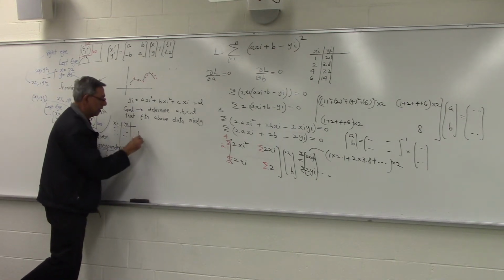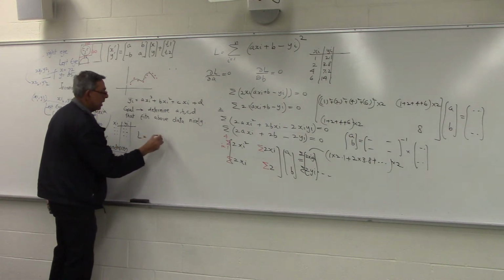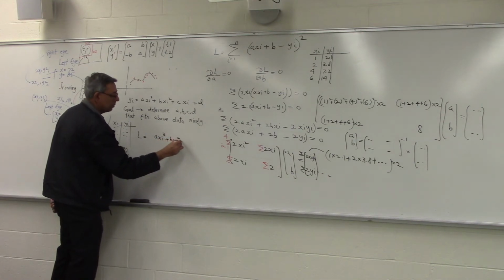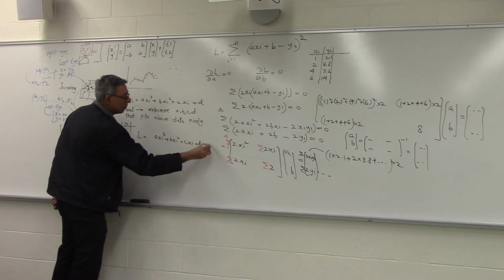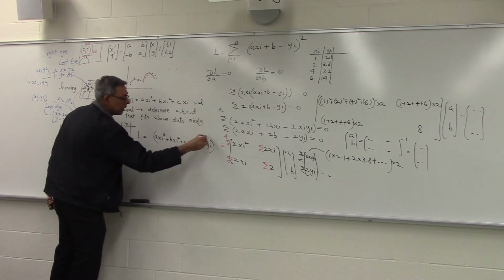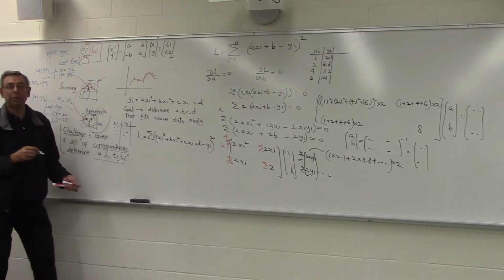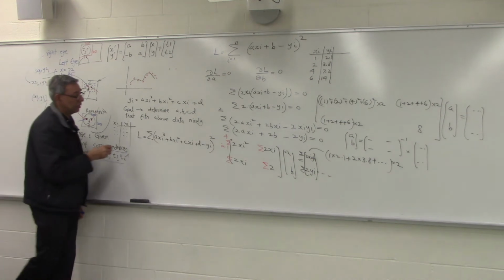Again, it will be (a xi cubed plus b xi squared plus c xi plus d minus yi) the whole square, summed over all the data points. So how many partials will you compute now?